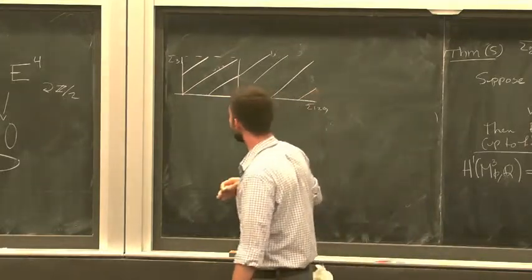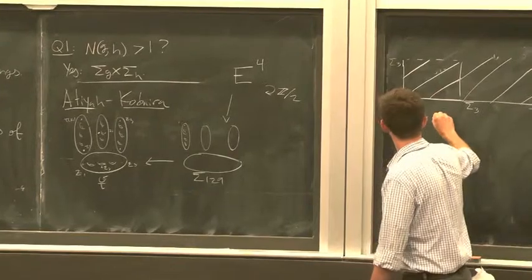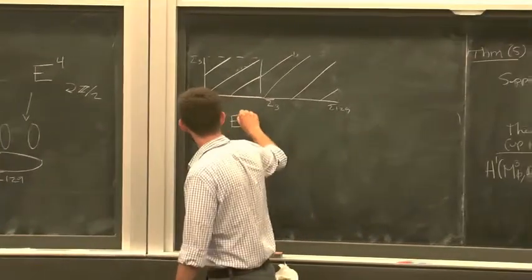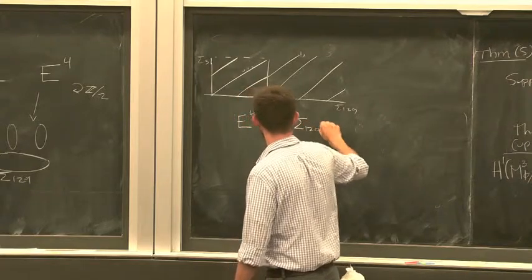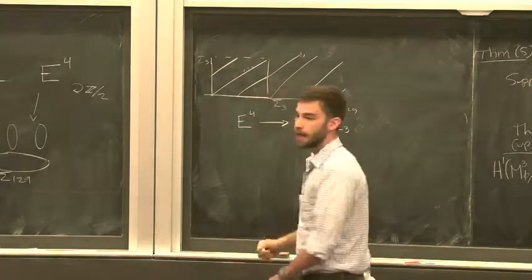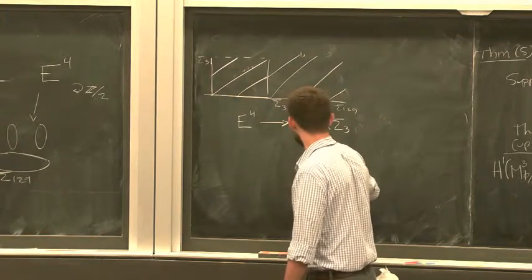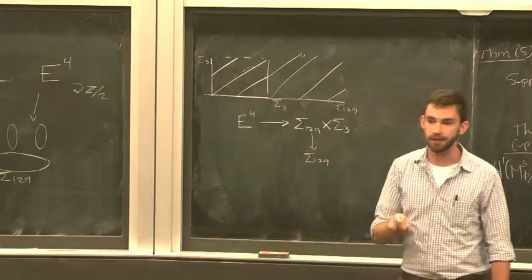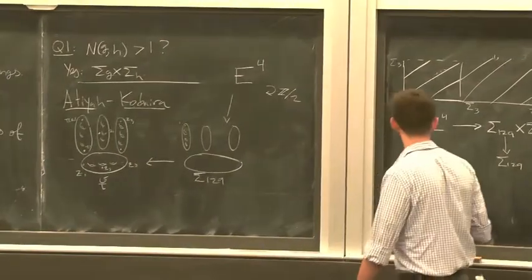So the first fibering, let's talk about it. I have this map E4 to sigma 129 times sigma 3. And if I then project onto sigma 129, in effect I'm just recording the fact that I took this fiber-wise branch covering here.